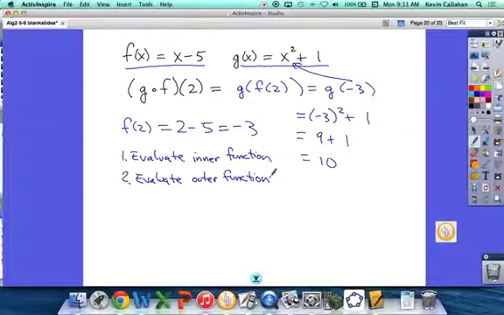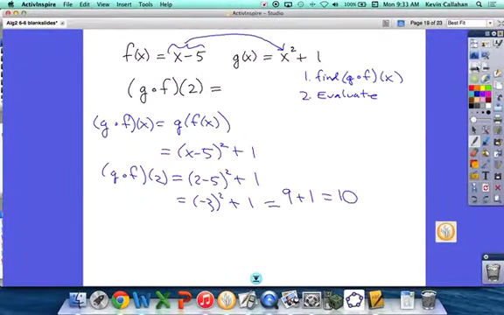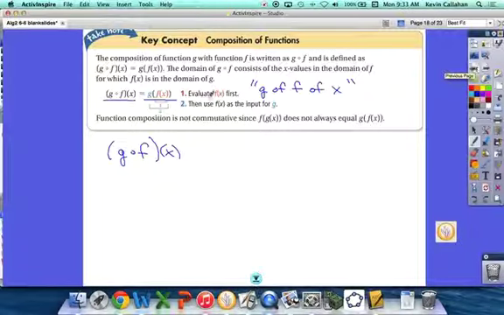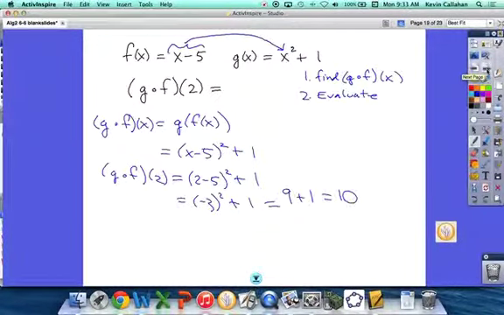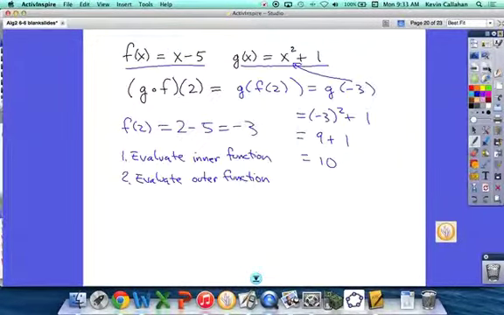I think if you look at the graphic that we had up a couple slides ago, that's what they say. Evaluate the f of x first, because that's the inner, and then use that to evaluate the outer function. So that's pretty much what they had on their slide. So like I said, I think you may find that easier.